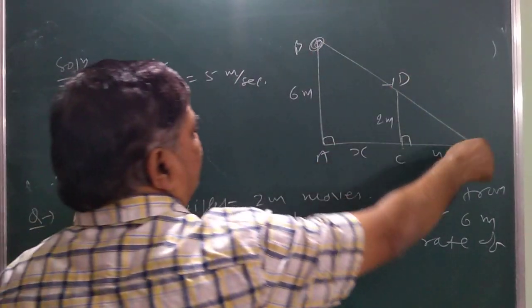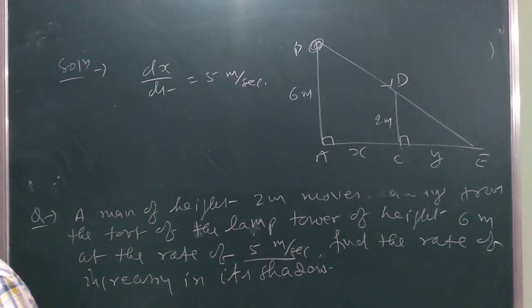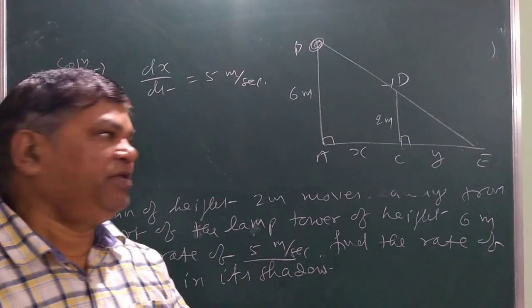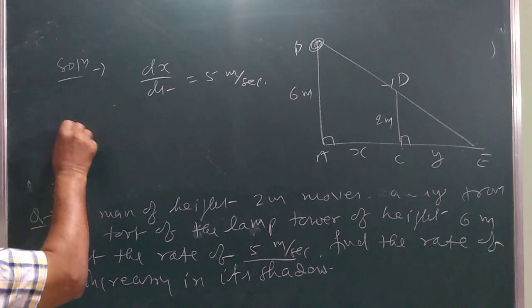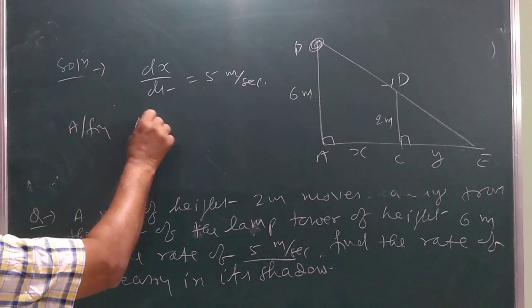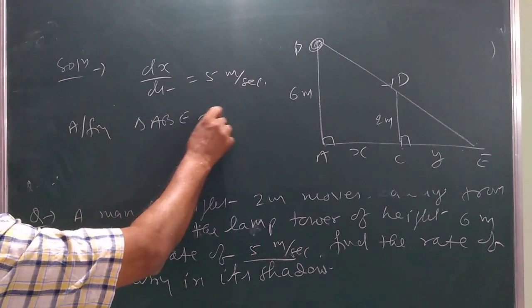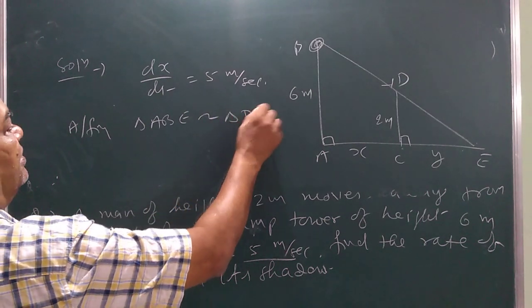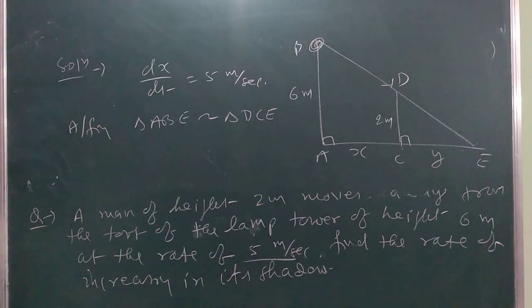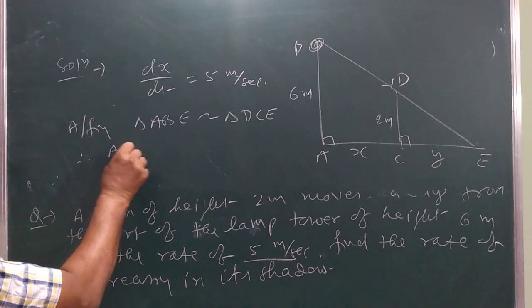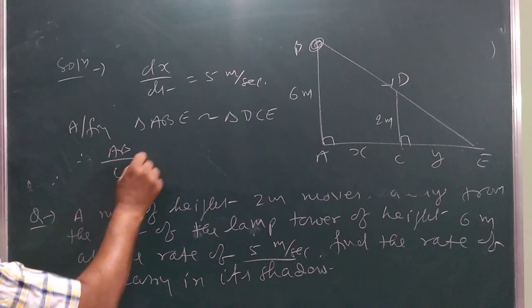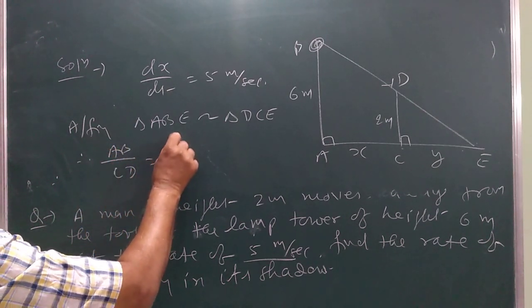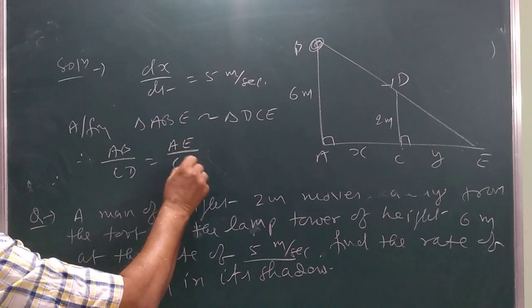You see, two triangles are there and both triangles are similar. So according to the figure, triangle ABE is similar to triangle DCE. So AB by CD is equal to AE by CE.